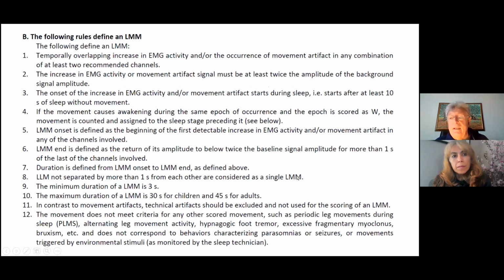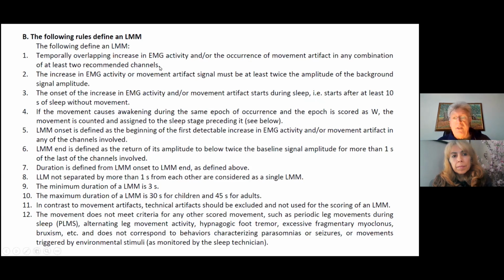In the next list of rules, we define what is a large muscle group movement. So it is essentially a temporally overlapping increase in EMG activity and or the occurrence of movement artifact in any combination of at least two recommended channels.